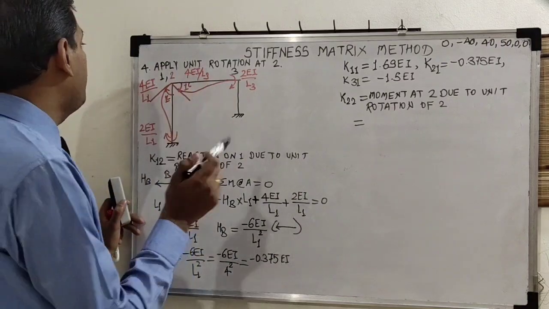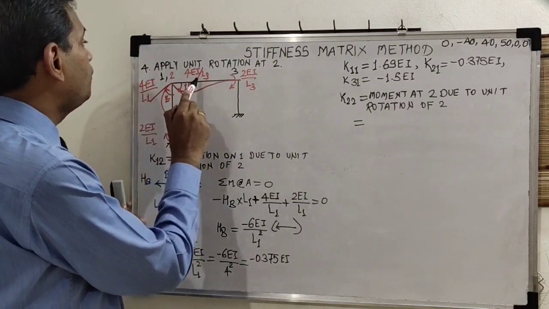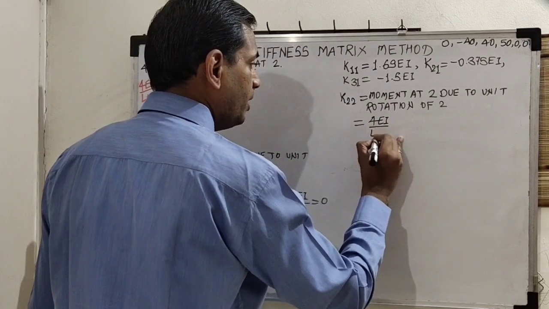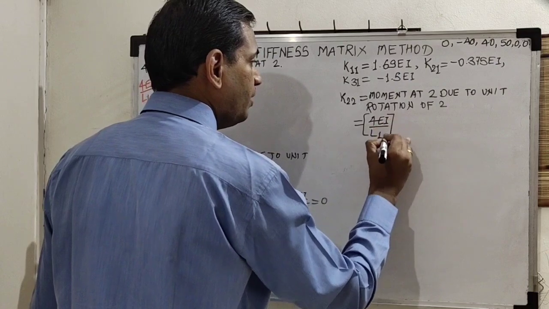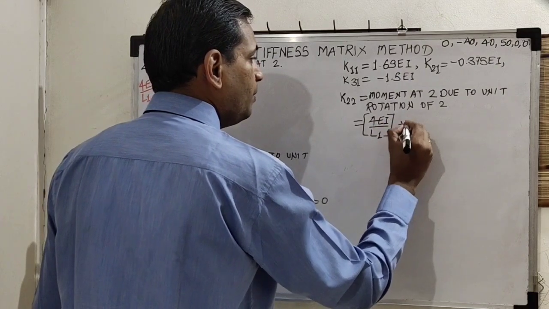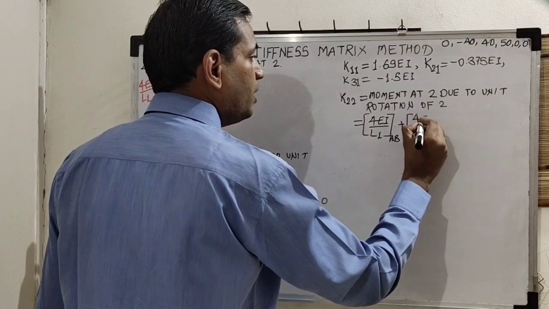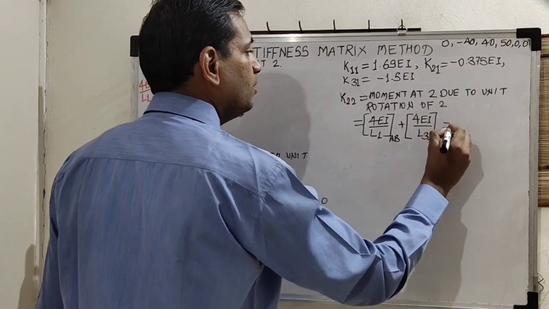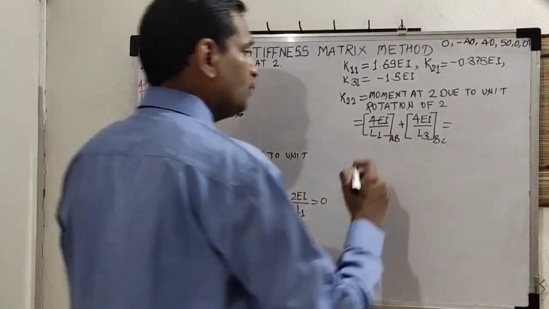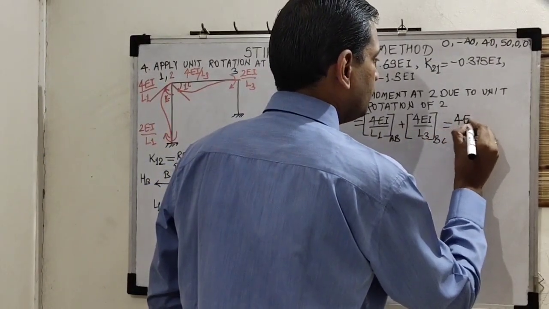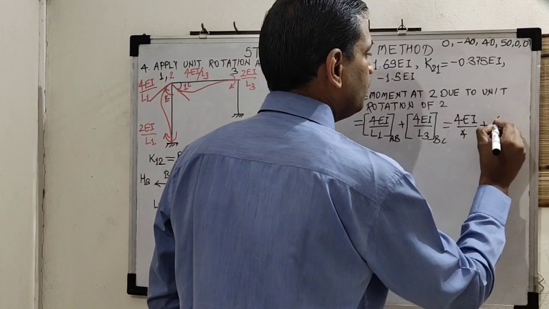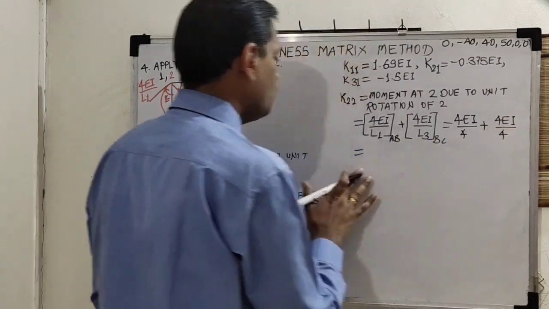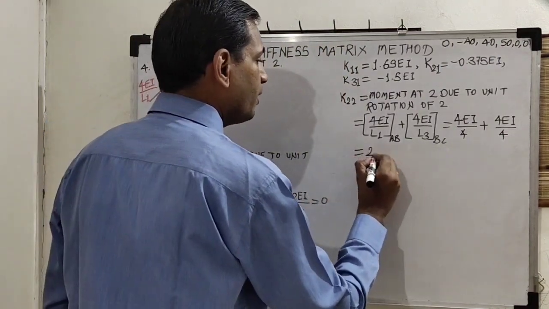There are two values, please remember. One is 4EI by L1, another is 4EI by L3. So let us note them here. 4EI by L1, which is of span AB, plus 4EI by L3, which is for span BC. So L1 height is 4, so 4EI by 4, plus 4EI by again 4, because span BC is also 4, so K22 is 2EI.